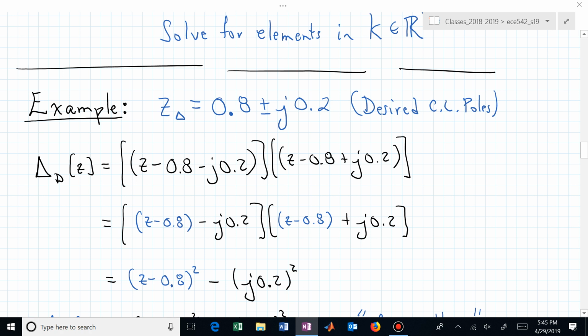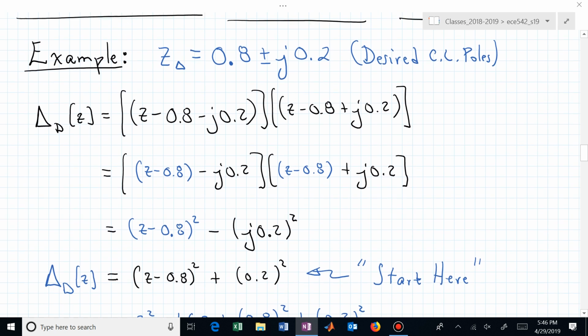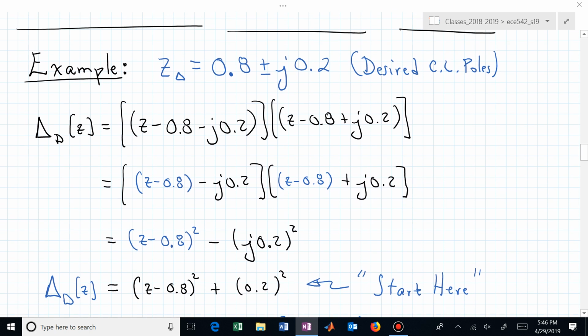We now have z minus 0.8 quantity squared minus the quantity j0.2 squared. The j squared gives us a -1, and in fact, if somebody now told you, I want closed loop poles at 0.8 plus and minus j0.2, you could immediately start at that bottom line. You don't need to rederive this set of relationships to convince me that you know where those poles are located.